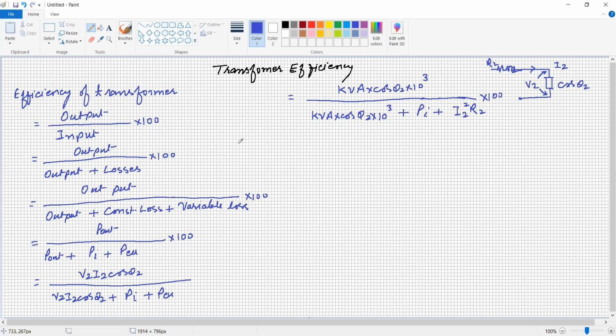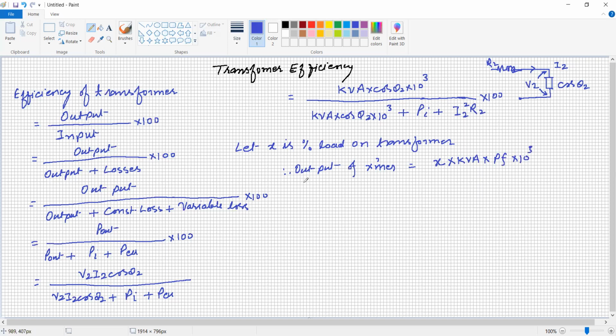So let X be the factor or percentage load on the transformer. The output of the transformer becomes X multiplied by kVA multiplied by power factor into 10 raised to 3.